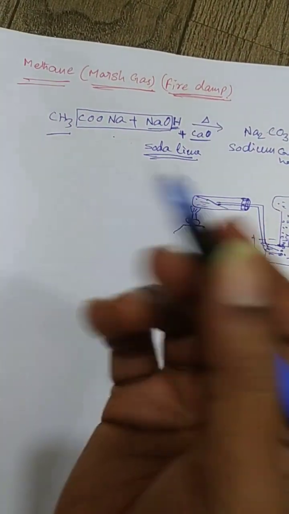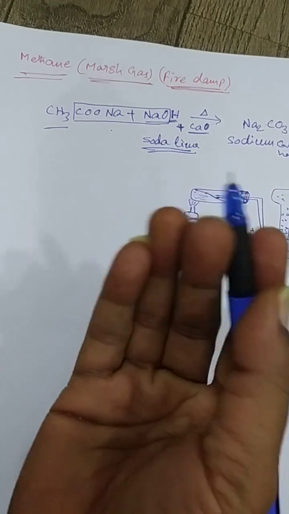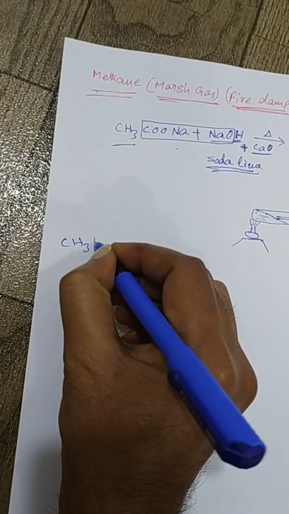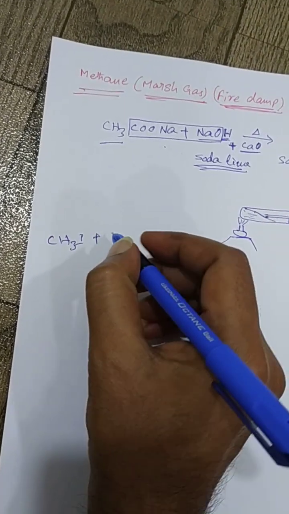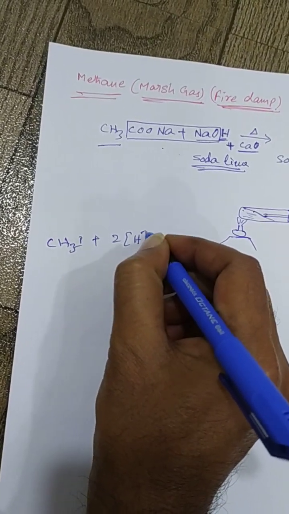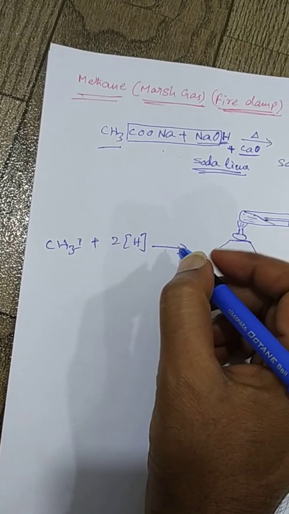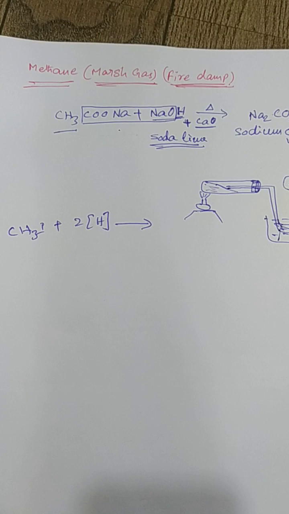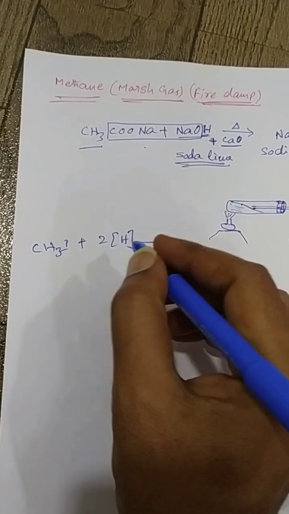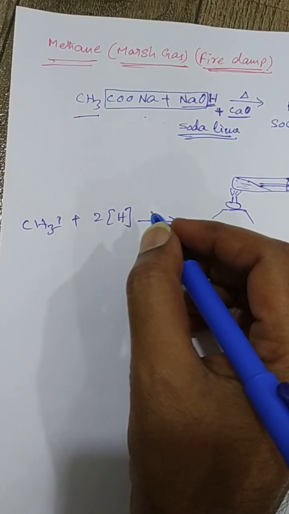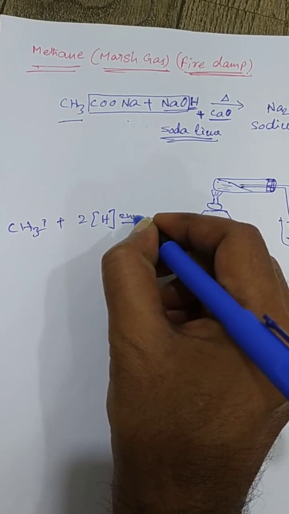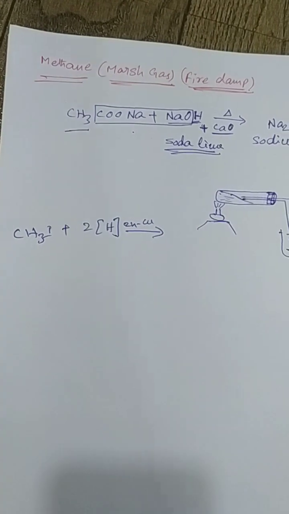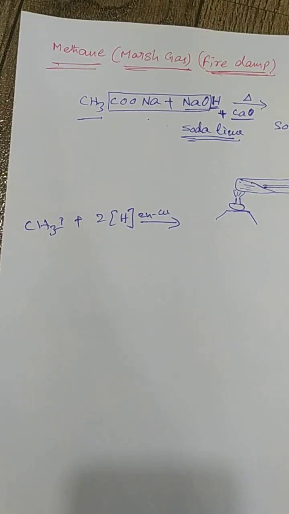And the second one is with halogen compounds like iodides. If you have methyl iodide with nascent hydrogen, there are two combinations: zinc copper or nickel platinum. These two catalysts are very important for nascent hydrogen.